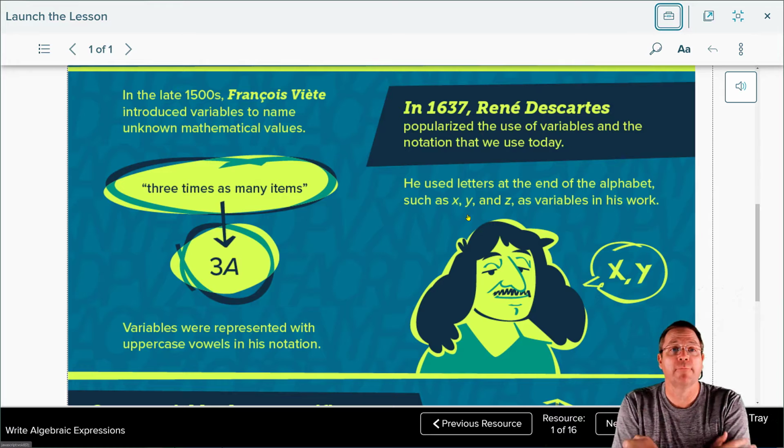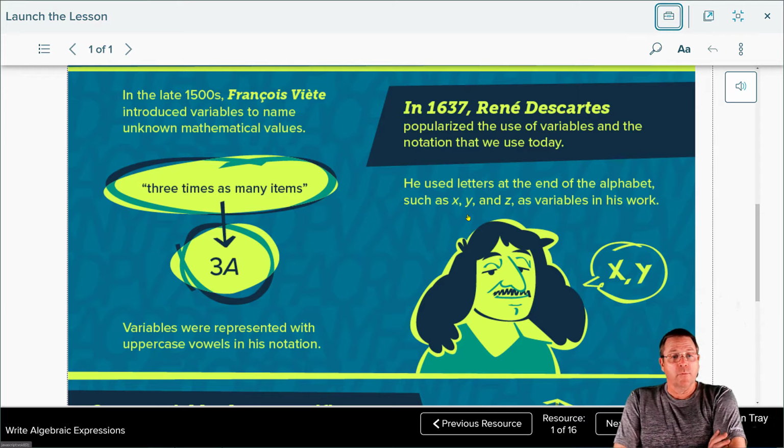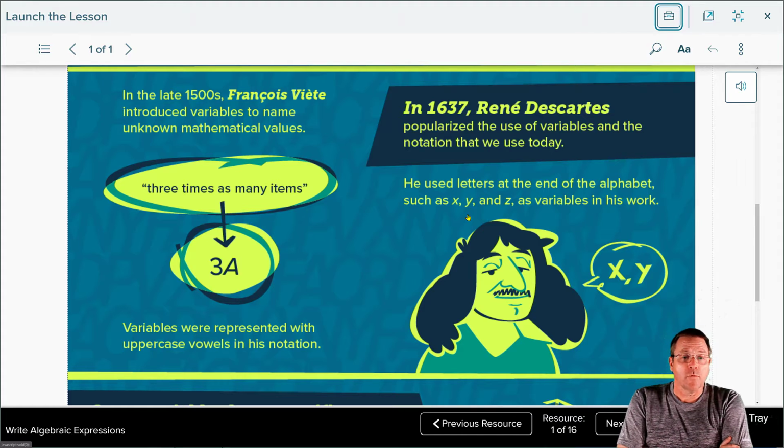This is him, Francois Viette. He came up with the idea that 3 times as many items would mean 3 times A. Variables were represented with uppercase vowels in his notation. Now today the most common variable is X, but okay, we're good with that.